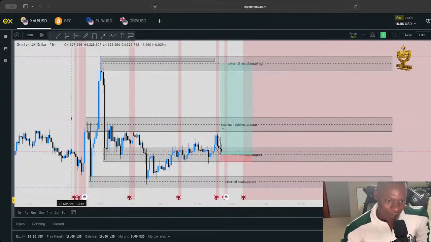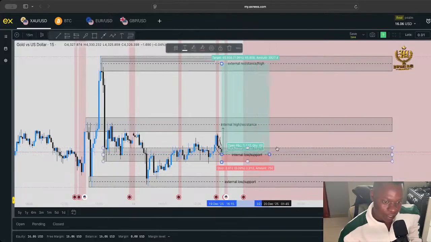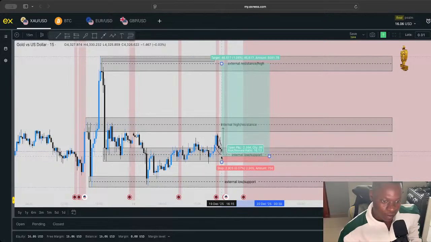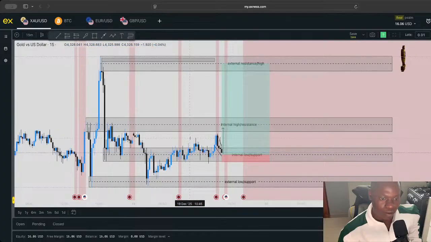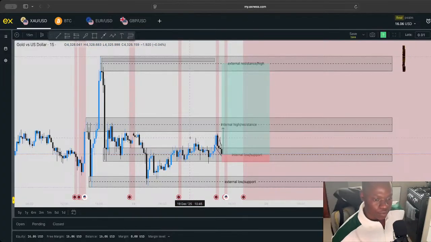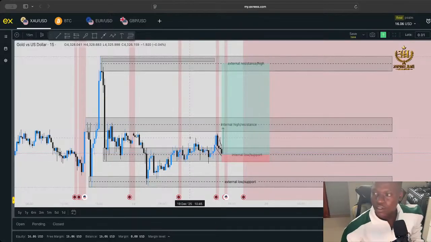I want to see it come and tap that level again. Another tap, then reduce your volume. Another tap, then we go in again.